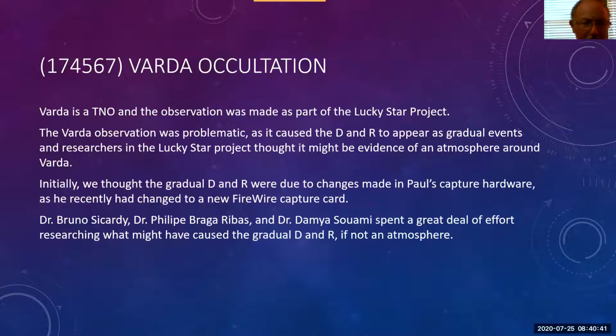We did a lot of research. We told the Lucky Star folks, no, those gradual changes are artifacts. They're not real. It's not an atmosphere. But Dr. Bruno Sicardy and Dr. Felipe Braga-Ribas and Dr. Damya Souami spent a lot of effort researching what might have caused the gradual DNR, if not an atmosphere, because they were going to write a technical paper and publish it.